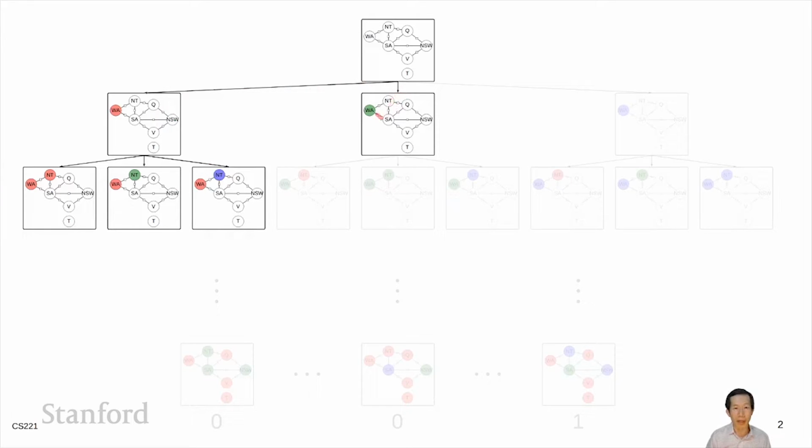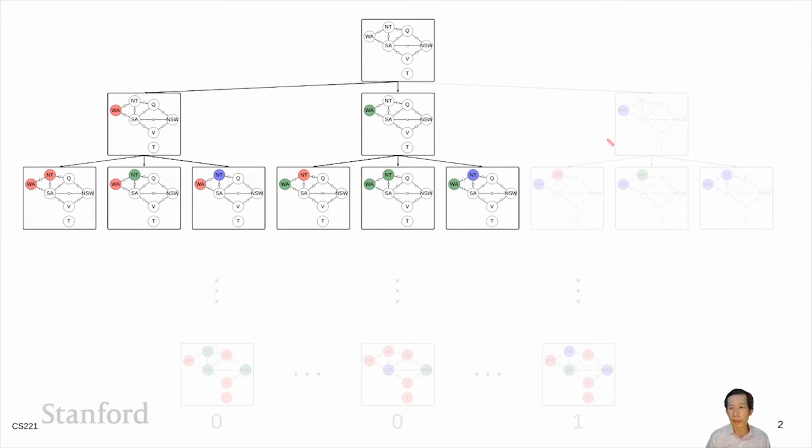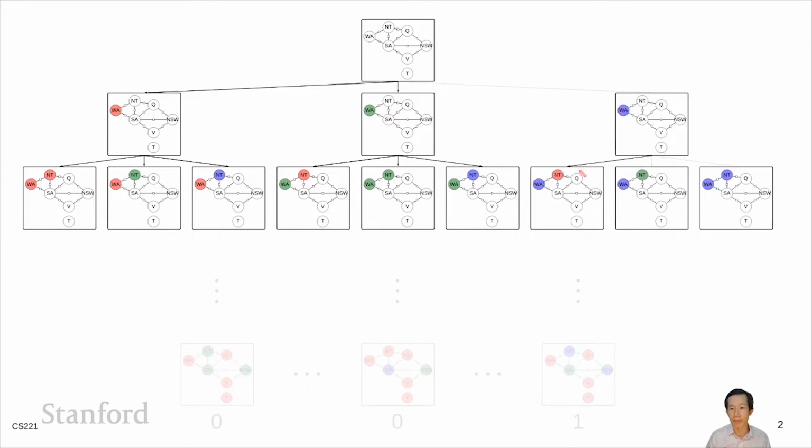Now we're going to try setting WA to green. We explore this subtree down here, then come back up, explore NT green, NT blue, and so on.